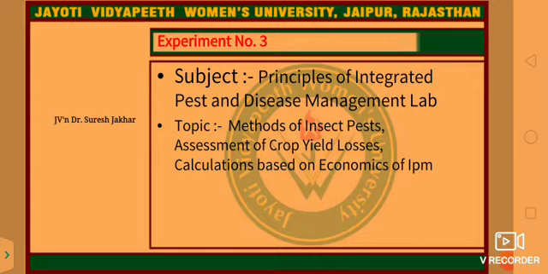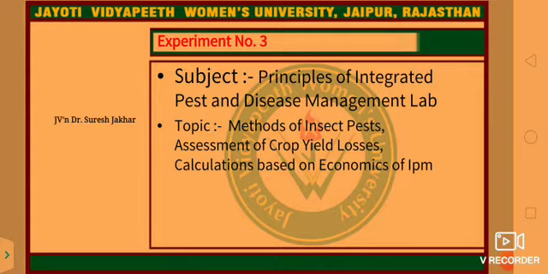Then light trapping of phototropic insects, pheromone trapping of specific insects, sticky traps for whitefly, aphids and hoppers. Then bait traps like fish meal trap for sorghum fruit fly, methyl eugenol for fruit flies, and assessment after knocking down insects using chemicals.